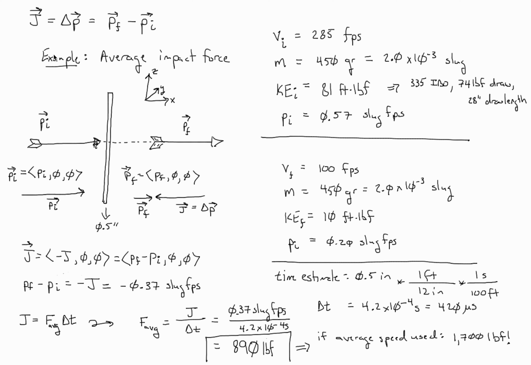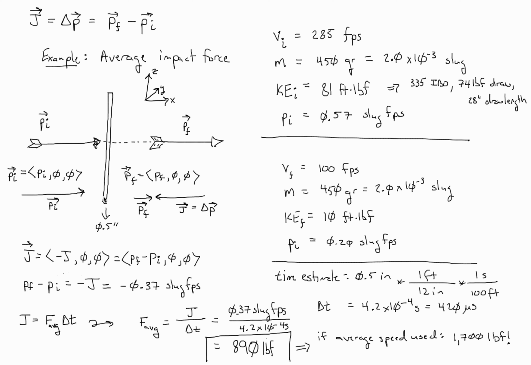So we're going to look at an example of the average impact force. We have an arrow, and we imagine it going through some kind of material. Probably not foam, something hard that would hit and punch through and break and then keep going.